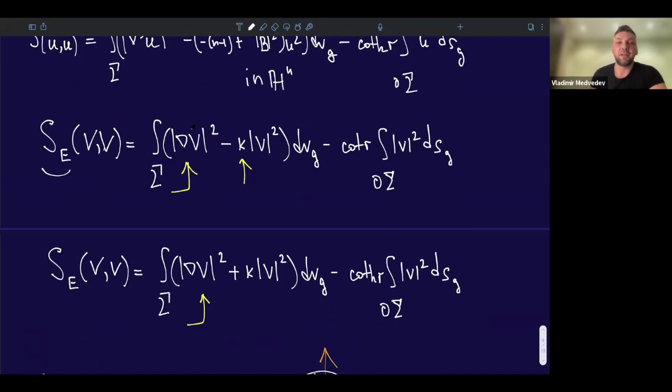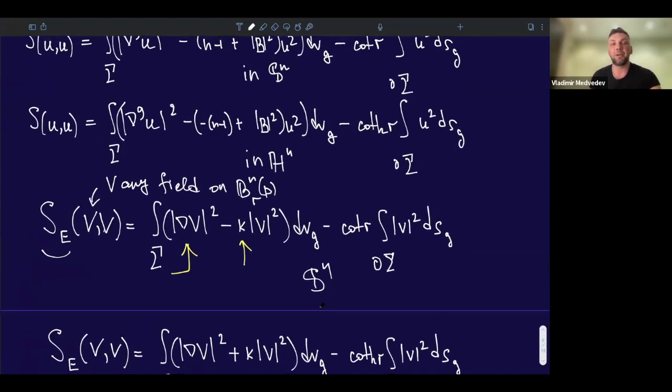Here you take V, any field on the geodesic ball of radius r, and you take the covariant derivative and take its length. And once again, because of the negative curvature, here we have minus k and here we have plus k. So this is for Sn, this is for Hn.